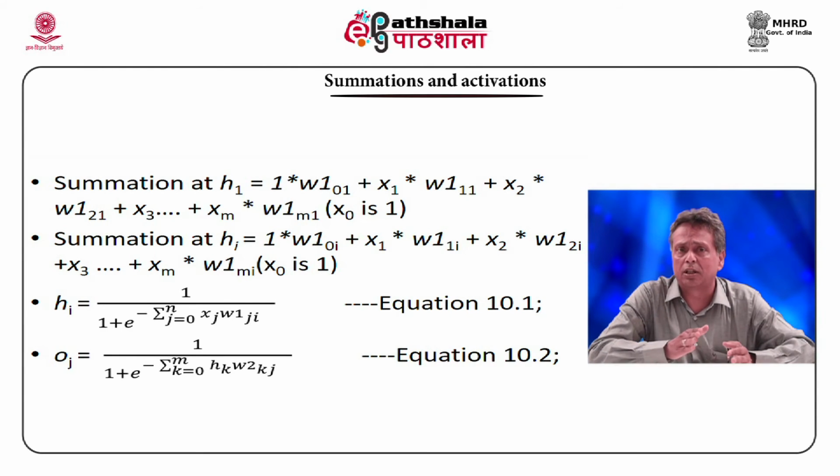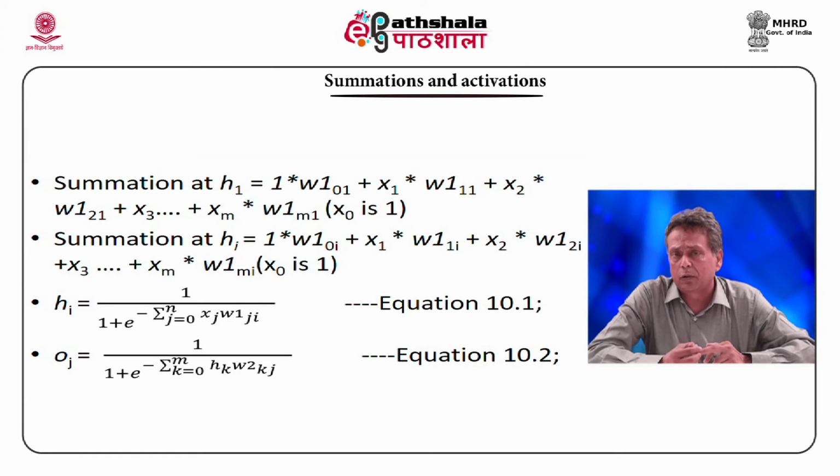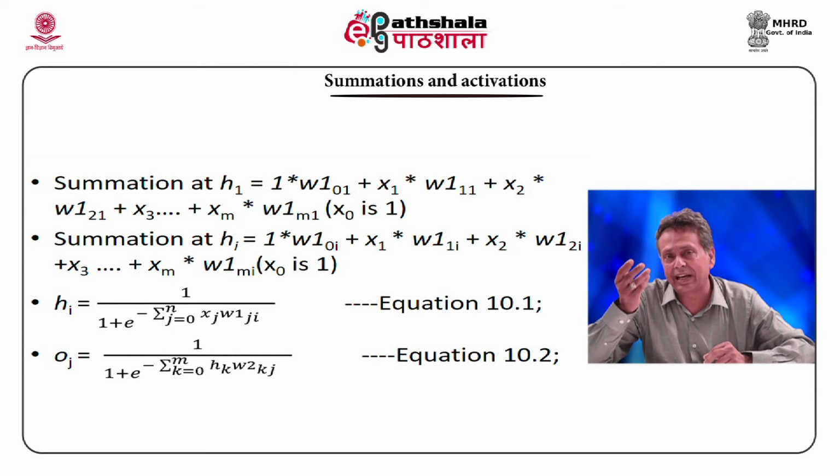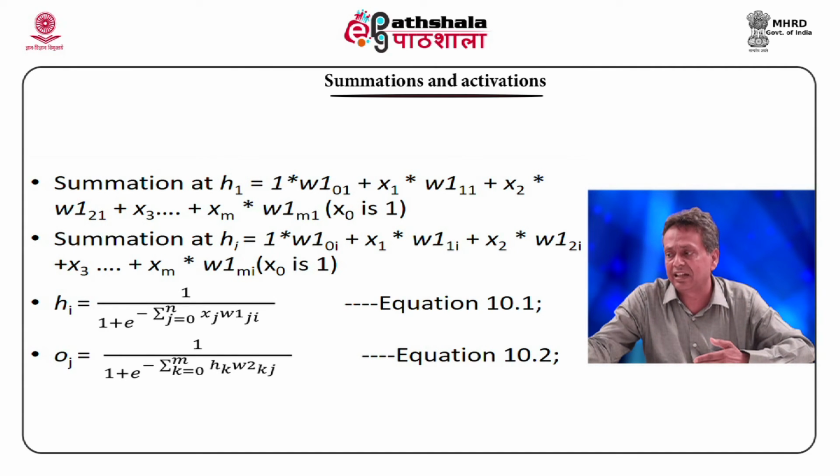So, that is 1 upon 1 plus e raised to minus the summation, and the summation we have already seen. It shows that j equals 0 to n. For the hidden unit, total n inputs are presented, so it is 0 to n. And what you add is xj wj. So, those xj and wj are multiplied. That is what is being done here.